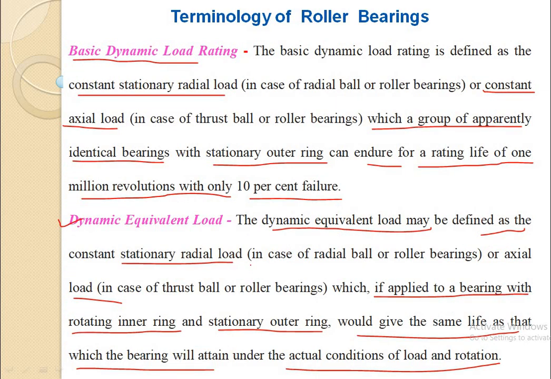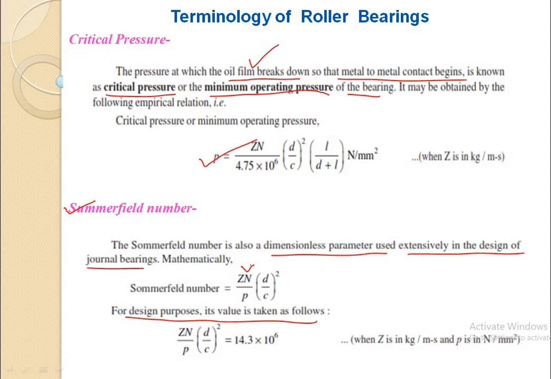Then basic dynamic load rating, dynamic equivalent load, and critical pressure, the pressure at which the oil film breaks between the bearing and the outer race or stationary element, and metal to metal contact begins. And the Sommerfeld number, a dimensionless number used for the design of bearings or journal bearings. So this is regarding some basic terminology of the bearing. I hope you understood the concept of the different definitions associated with bearings.